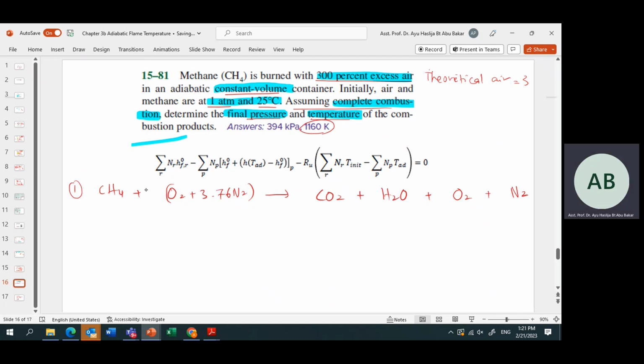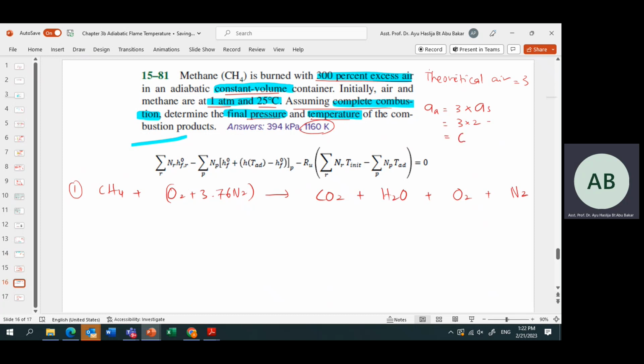Okay, so here 3. Here you have to find the A actual. So your A actual is the 3 multiplied by A stoic. What is your A stoic over here? 2, correct. So A stoic is 2.